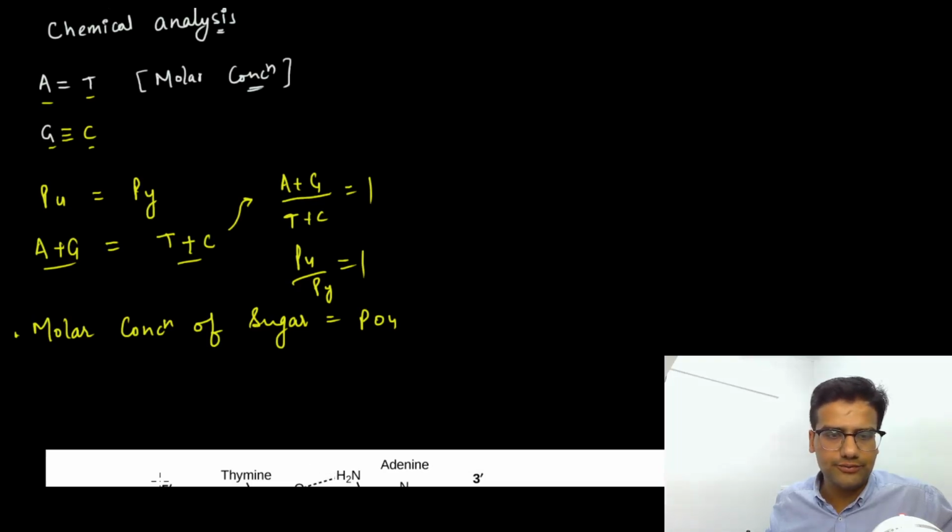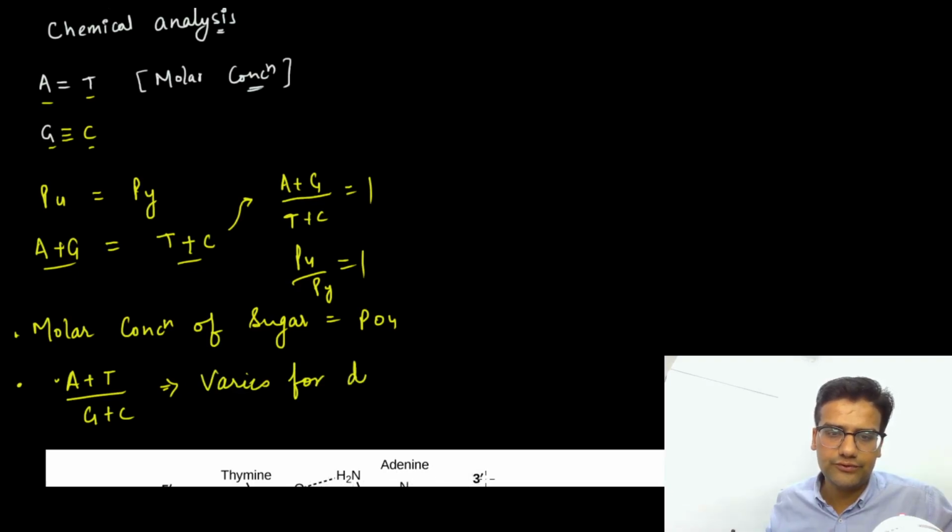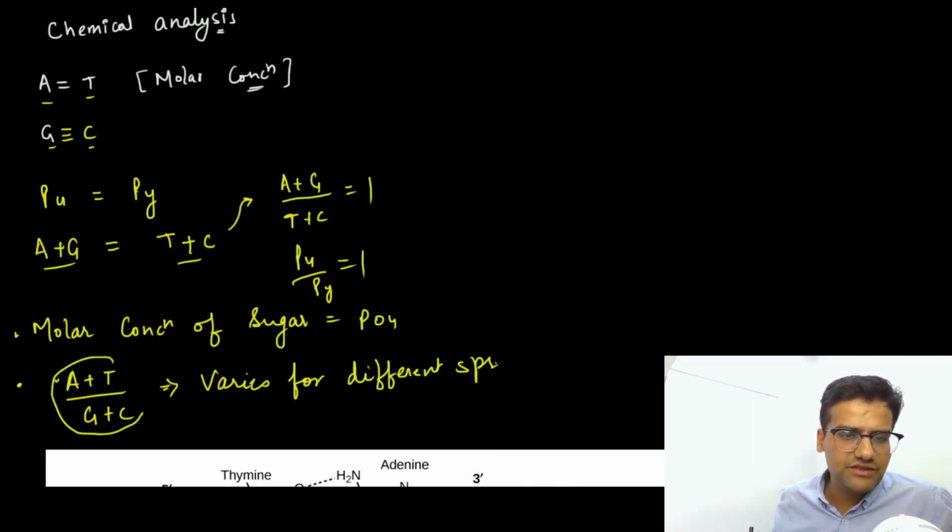But he again stated that the ratio of A plus T upon G plus C varies for different species. This ratio, A plus T upon G plus C, is basically known as the base ratio.